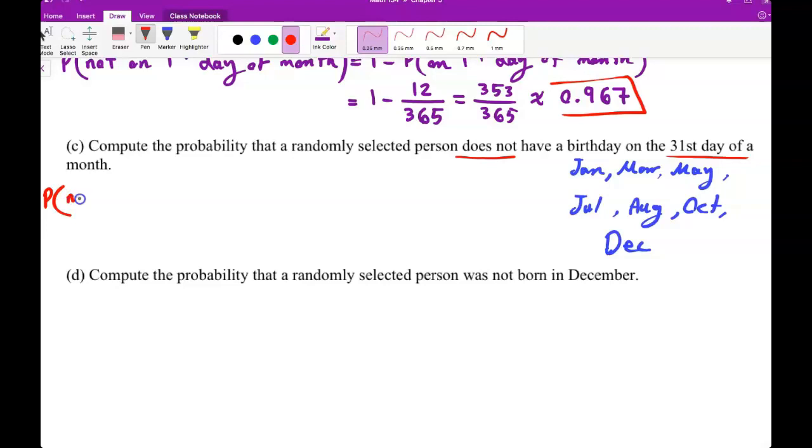Probability of not on the 31st day of month, so that is equal to 1 minus probability of on the 31st day.